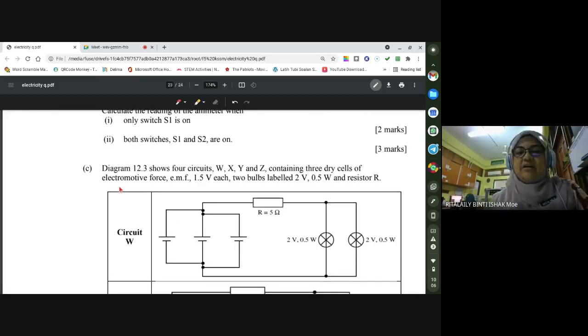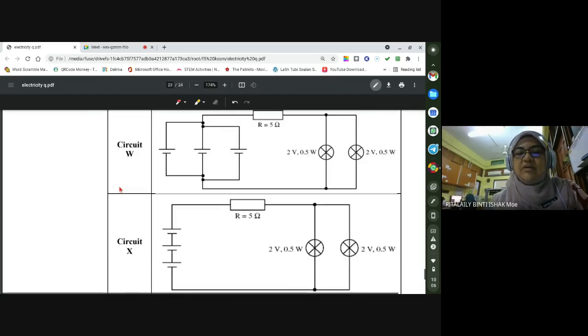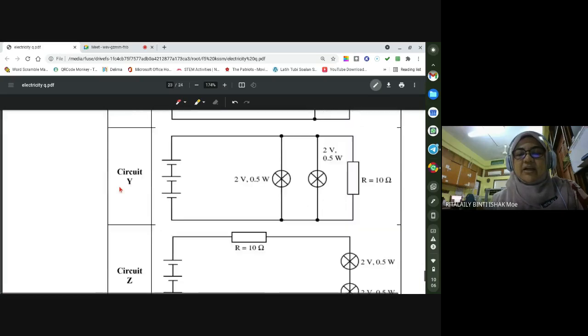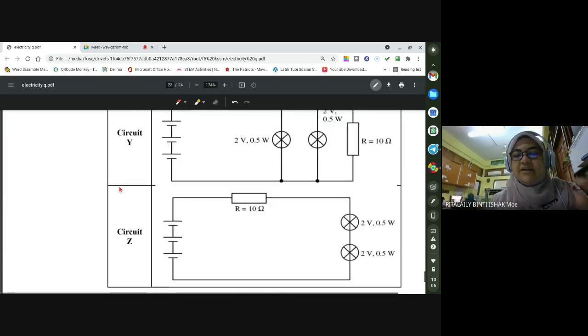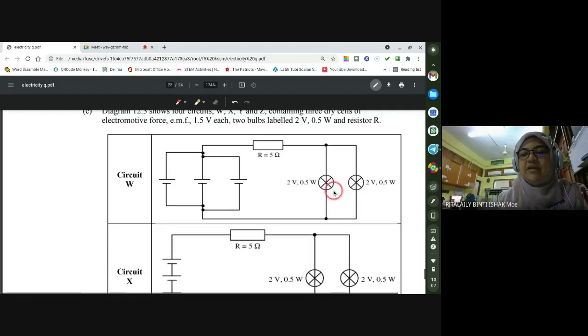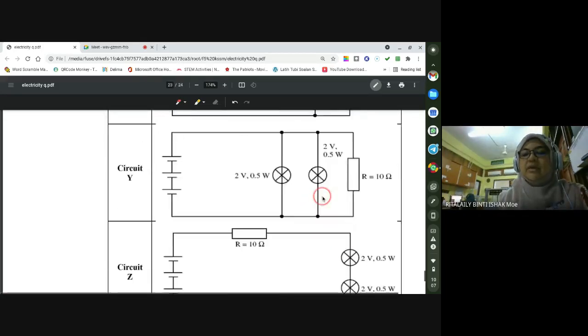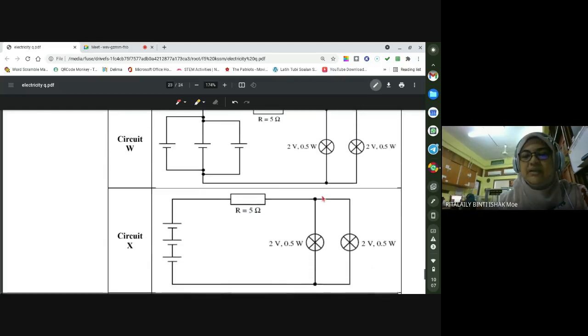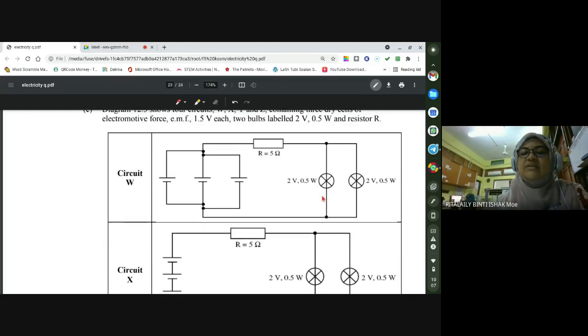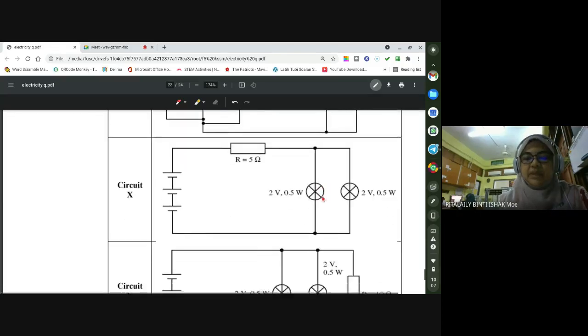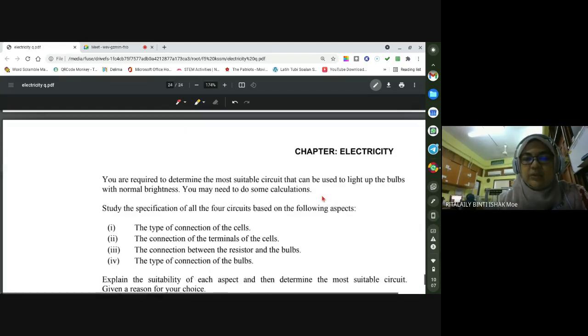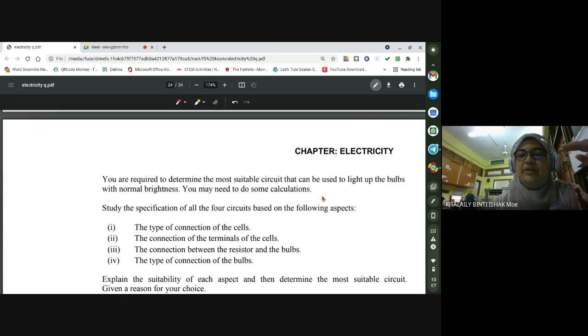Okay, we have 4 circuits W, X, Y, and Z, with different arrangements of battery, different arrangements for the bulb, and also different placing and values for the resistor. We are to determine the most suitable characteristic that can be used to light up the bulb with normal brightness.